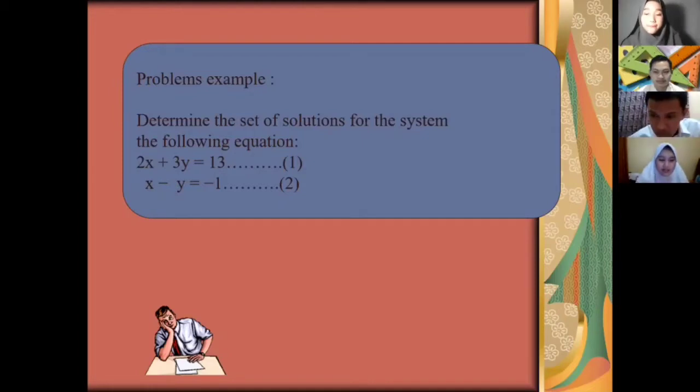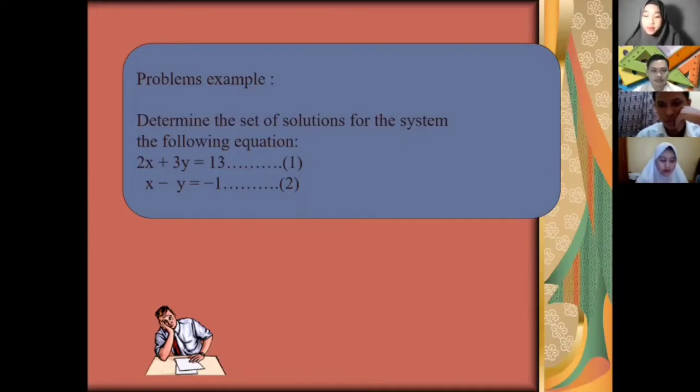Yes, please. Do you only use the x and y variables to solve a system of linear equations? Of course not. Instead of x and y, you can use letters other than x and y, such as variables a, b, c, d, and so on.